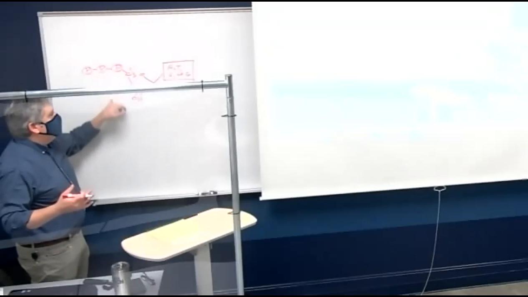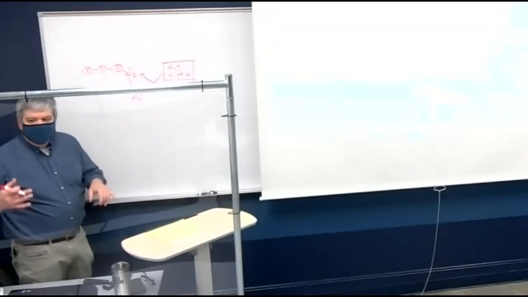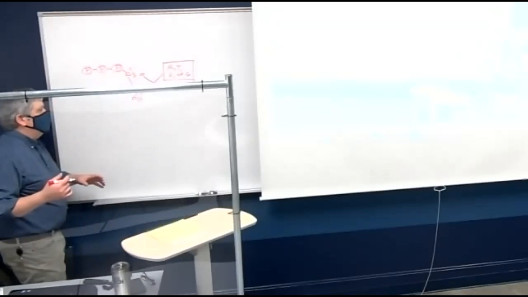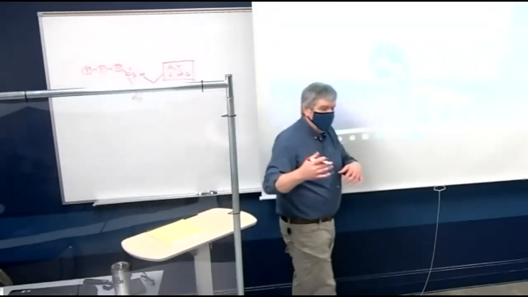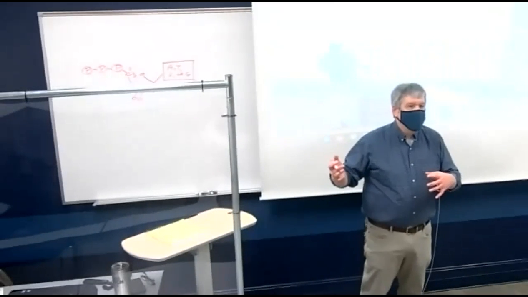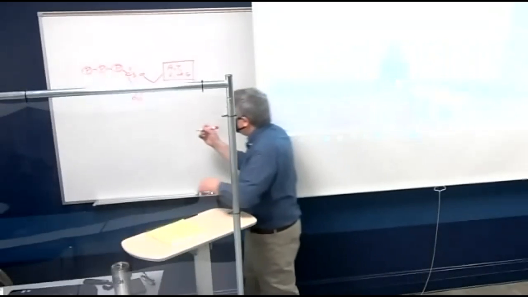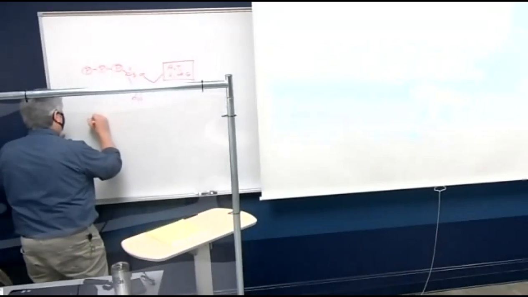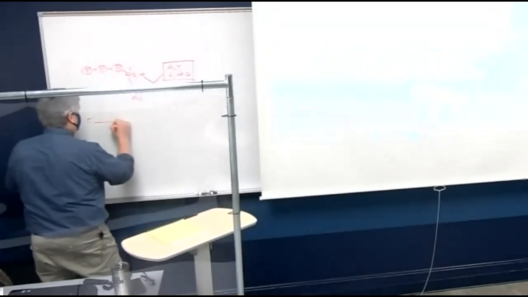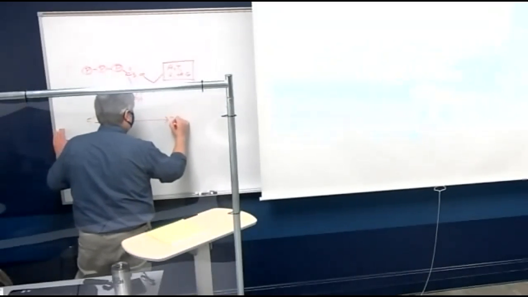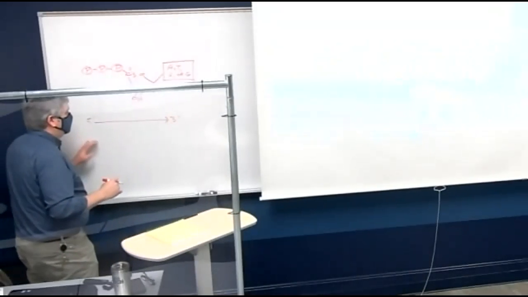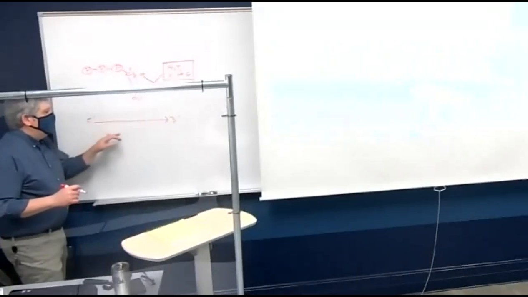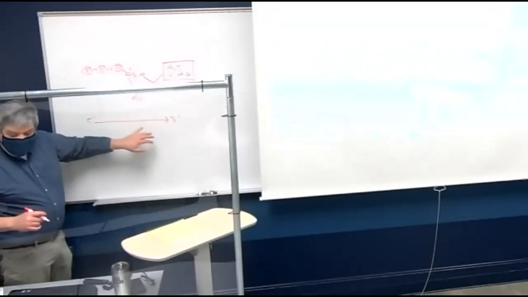So this gives a single strand of DNA a polarity or a directionality, and we always talk about this in the 5' to 3' direction. So we have a 5 to 3 polarity. That's a single strand of DNA with a 5' to 3' polarity.